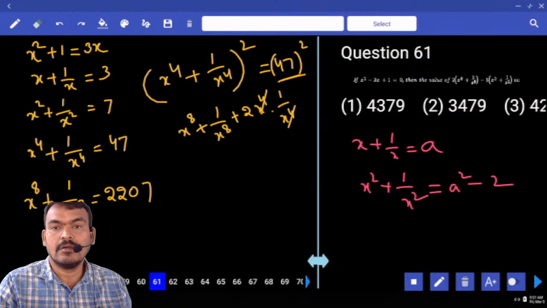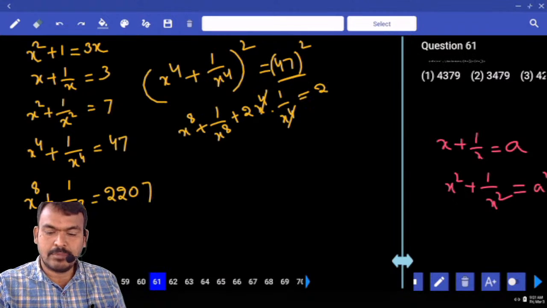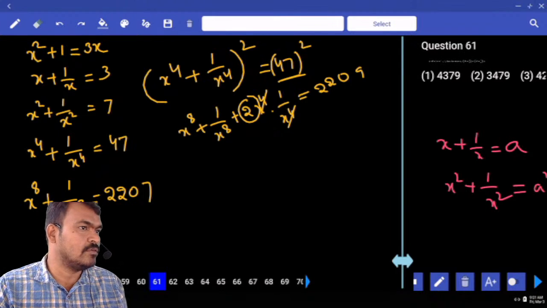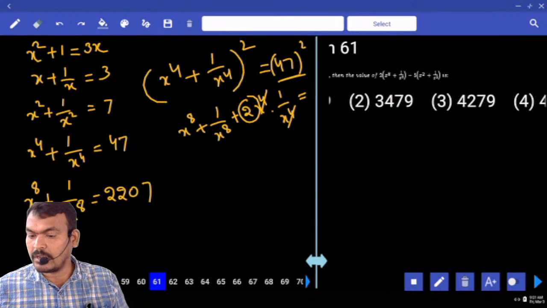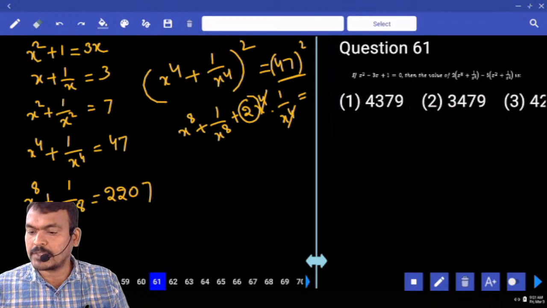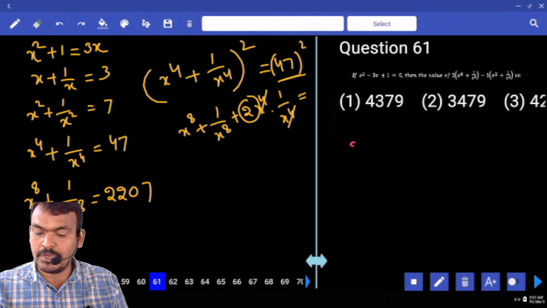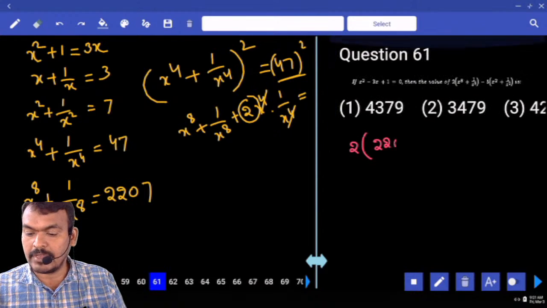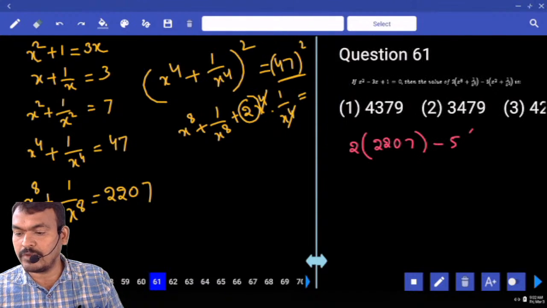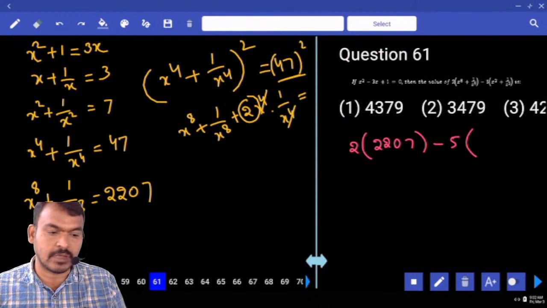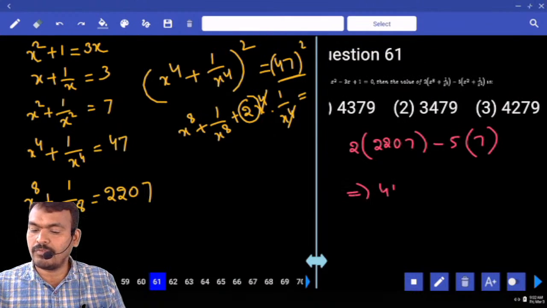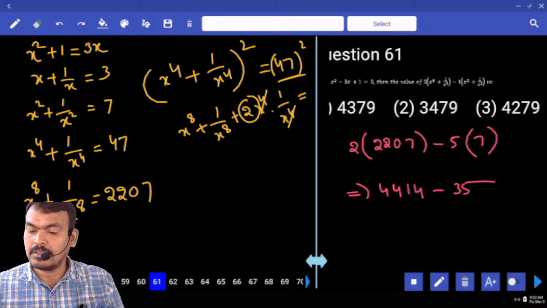Yes or no? Equal to 2209. In this one, which one is subtracted? 2. What is the remaining value? 2207. What is the question here? 2 into x power 8 plus 1 by x power 8, that is 2 into 2207, minus 5 into x square plus 1 by x square, which is 7. 2 into 2207 is 4414. From that we subtract 35.